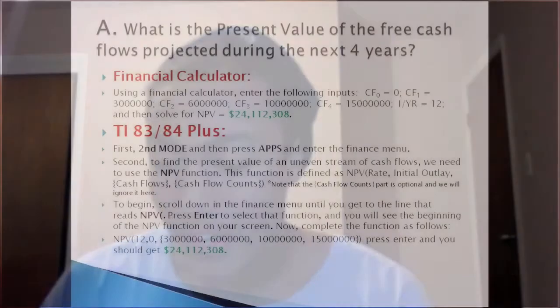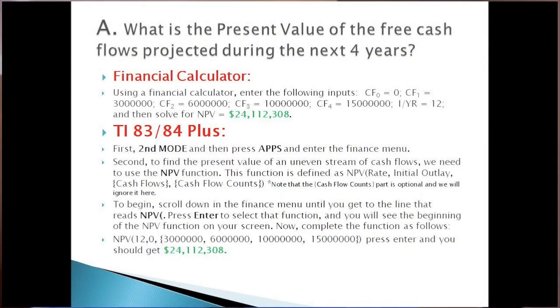You're going to go on your calculator, you're going to go second mode, and then press apps. And then you're going to click on finance, and you're going to scroll down to number 7, which is the NPV formula, which represents the rate, comma, initial outlay, comma, cash flows, and cash flow counts.